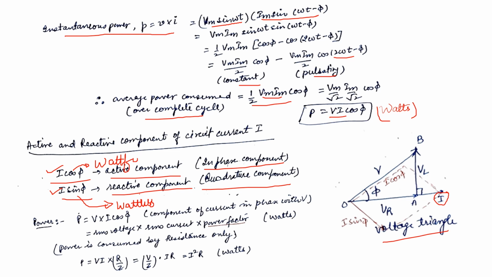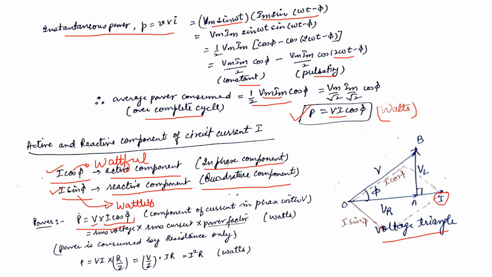Let us see for an RL circuit, power we have already obtained as VI cos phi. We can read this as the product of Vrms into Irms into cos phi. Also we can read this as voltage multiplied by the component of the current which is in phase with it, that is I cos phi, the wattful component of the current.